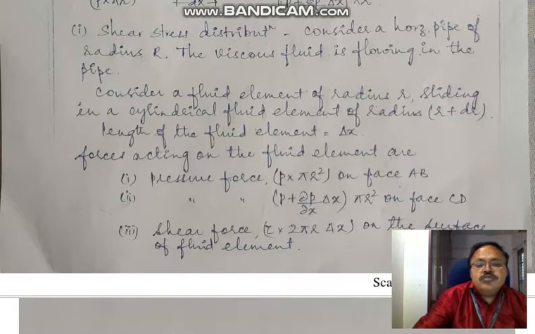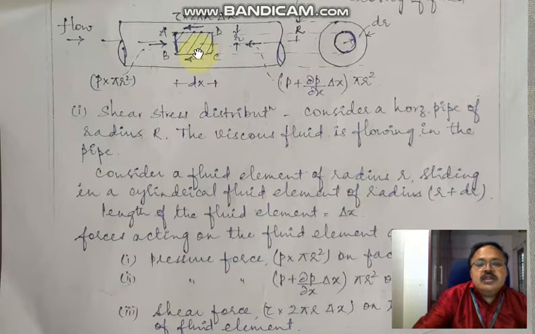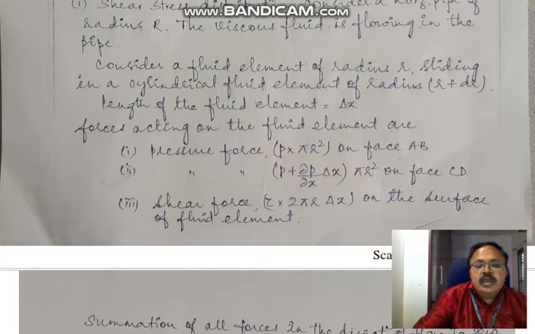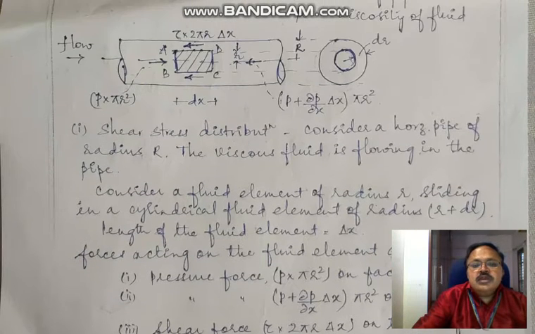Now the pressure force on the face CD, that is on the other face, is P plus del P by del x into dx, times pi r square. Now the shear force. There will be resistance against the flow from the wall of the pipe, so I have the shear stress tau, into the area of the element.